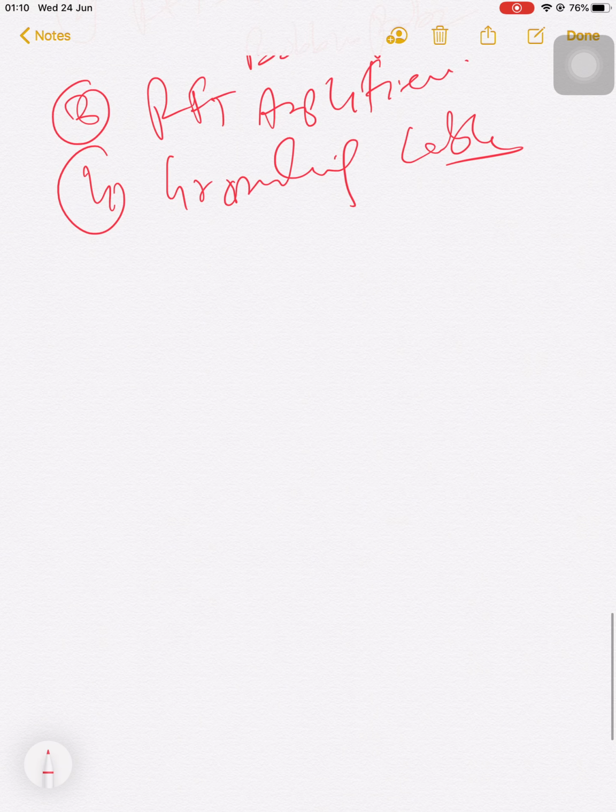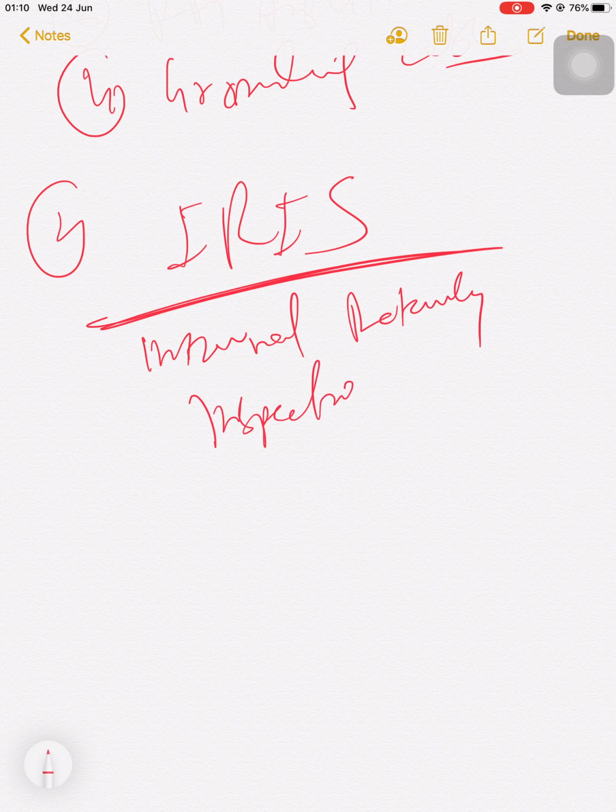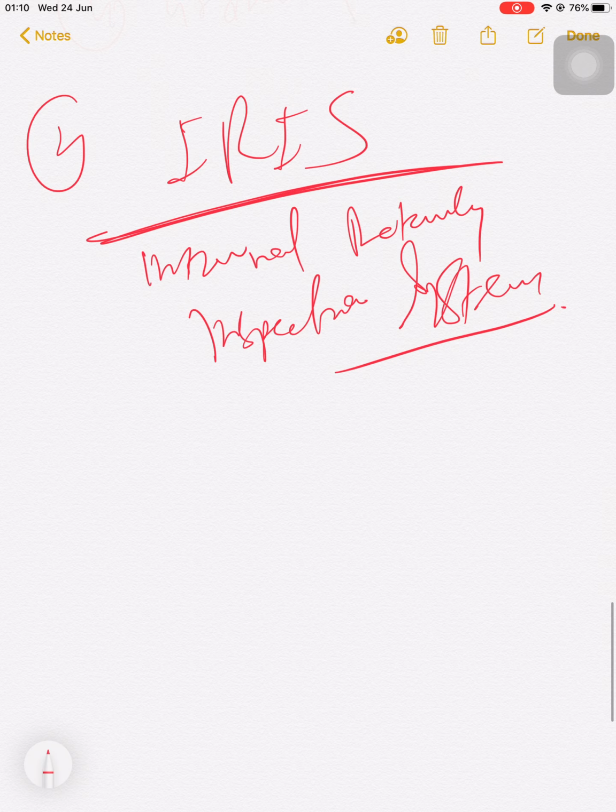Let's start. The second is RIS. RIS is known as, as I said before, the Internal Rotary Inspection System. RIS is an ultrasonic method for inspecting pipe and tube.